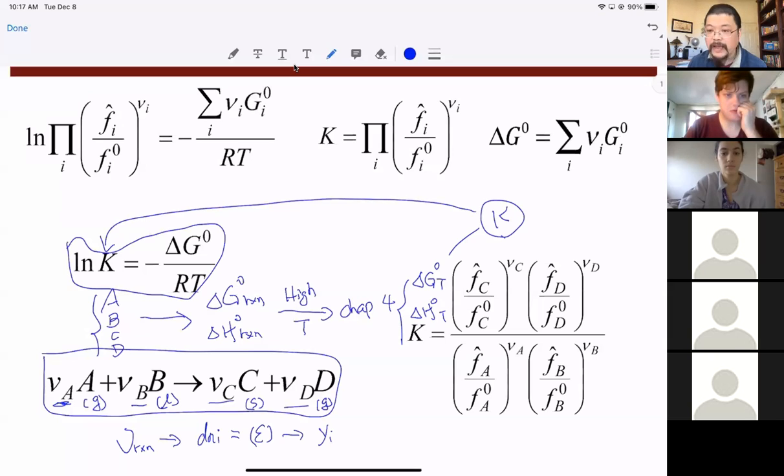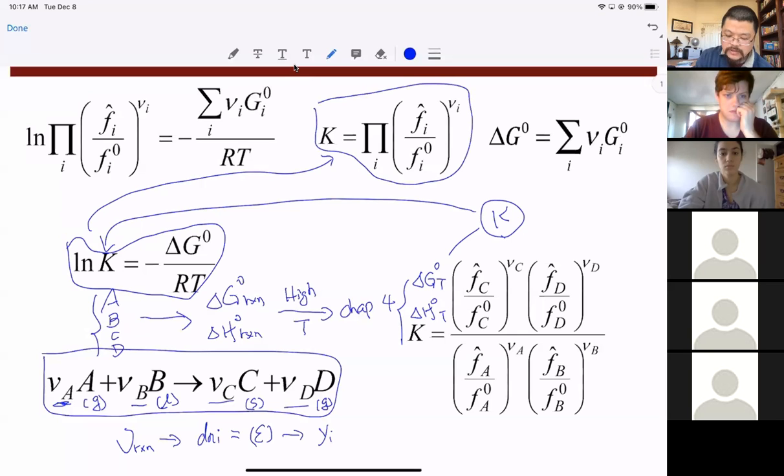And now if you come back to the K definition, we define K as this. So we spend half of the time calculating K, and then we spend the other half of the time recalling those fugacity calculations. So that is the essence of reaction equilibrium.